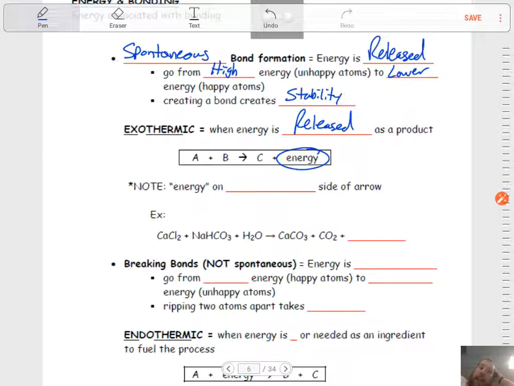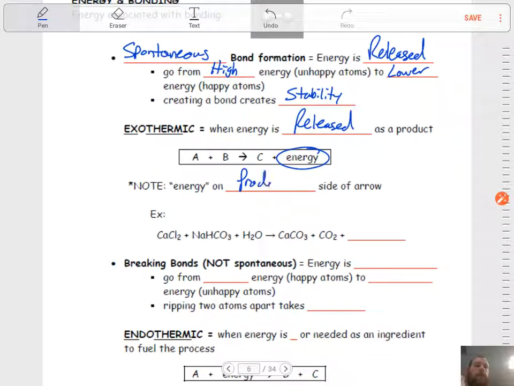There'll be more of that coming in unit 6 or 7 when we do reactions. Note when you have energy on the product side, you would write it in. It could also be called heat. Heat and energy are synonymous. So heat equals energy. Make sure you remember that. They mean the same thing.